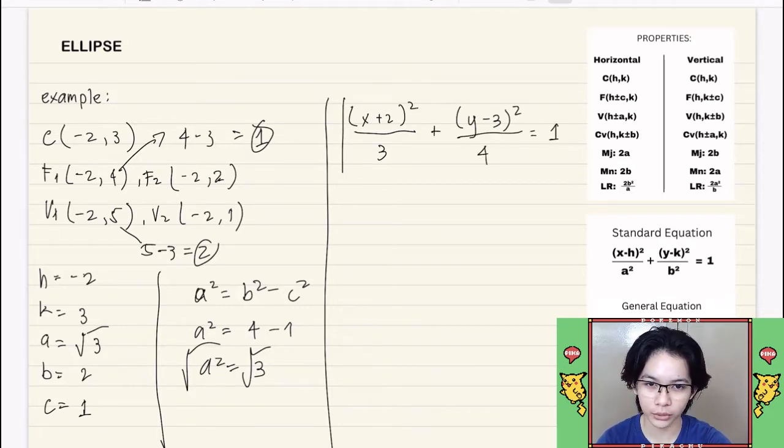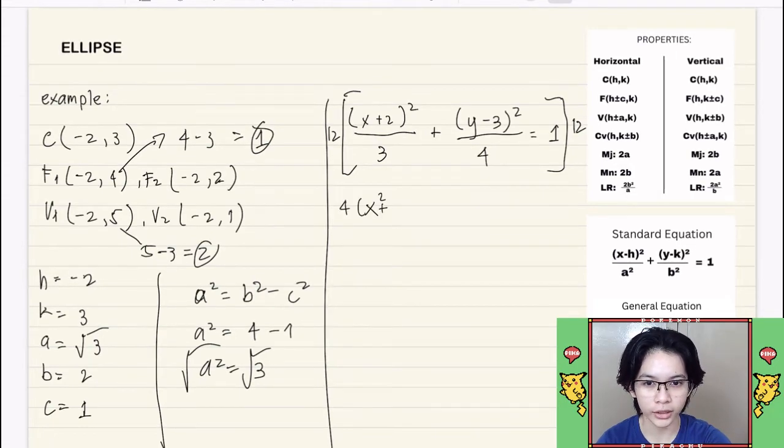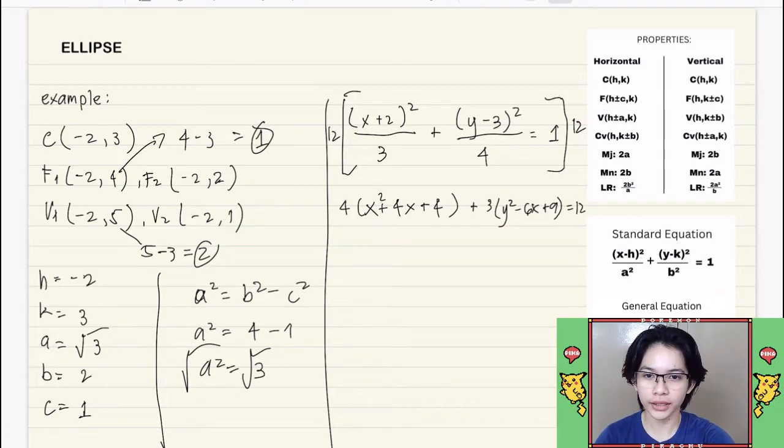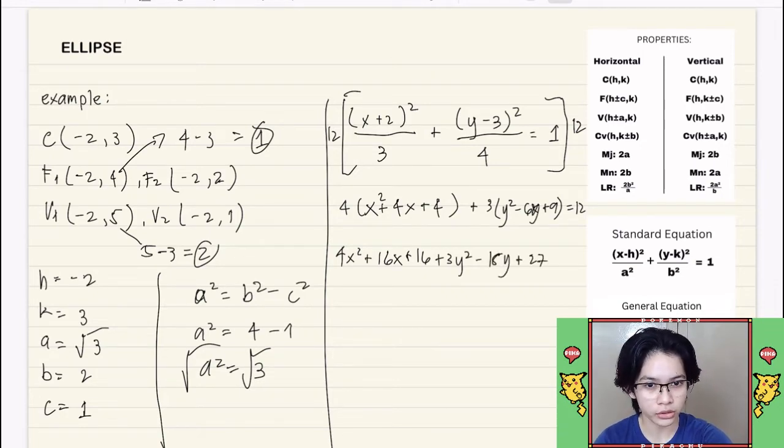The next step is that we should multiply all sides by the lowest common denominator, which is 12. This will give us 4 times (x squared plus 4x plus 4) plus 3 times (y squared minus 6y plus 9) is equal to 12. We can now expand this equation to get the general form. This will give us 4x squared plus 16x plus 16 plus 3y squared minus 18y plus 27 minus 12.